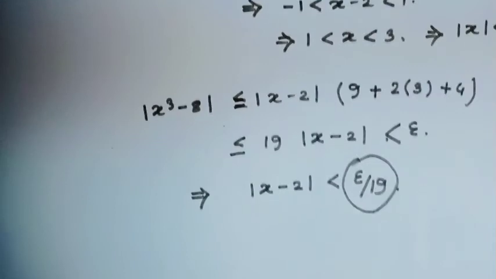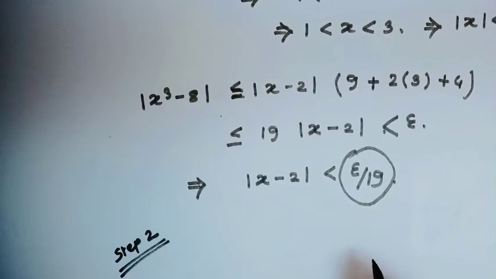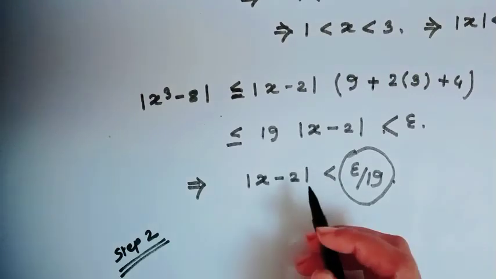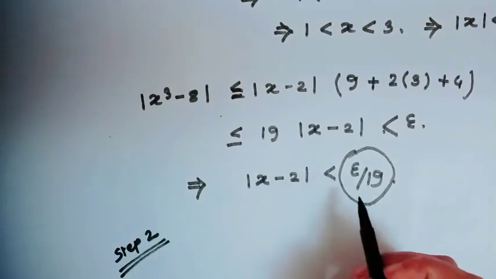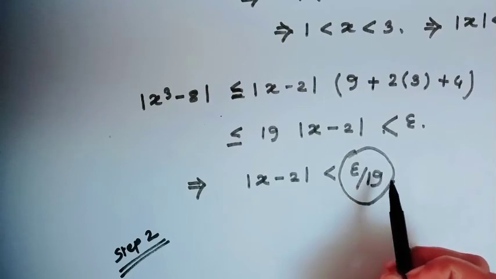So, step 2. Here delta can be not only epsilon over 19, delta can also be 1.